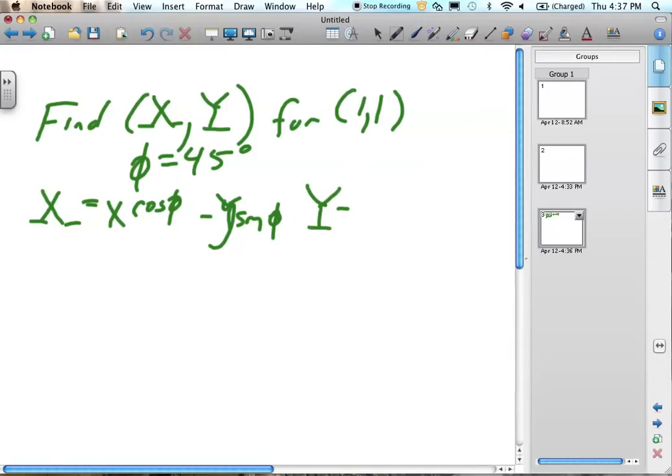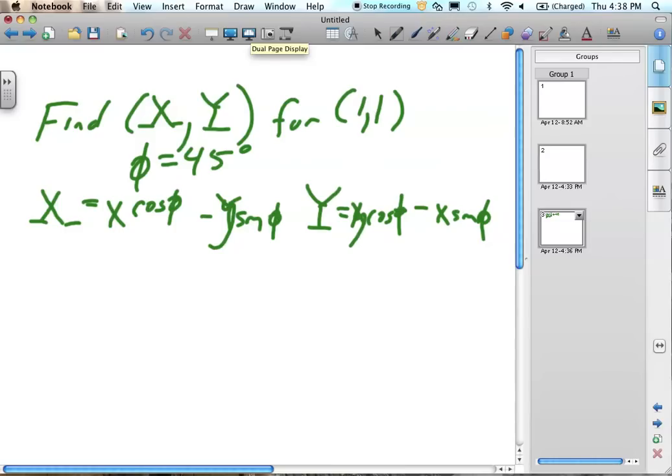And the rotated y is going to be y cosine theta of your angle minus x times the sine of your angle.